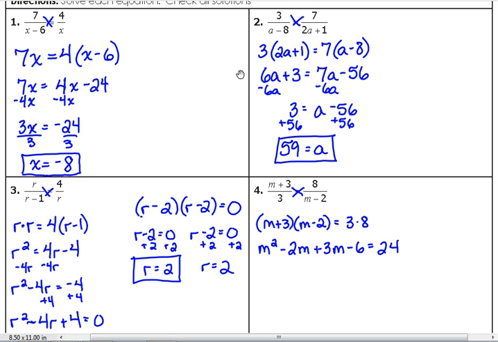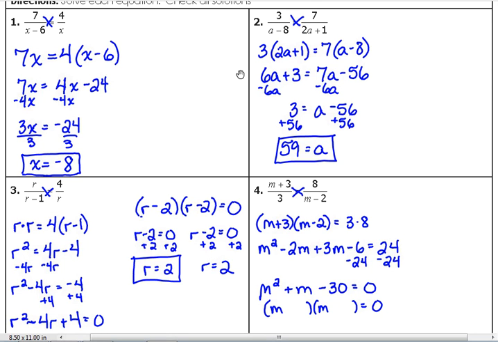So we need to combine the m's, and it's a quadratic, so we need to move the 24. So we've got m squared. Negative 2m plus 3m is positive m. Negative 6 minus 24 is negative 30. Is equal to 0. So we got to factor. M times m is m squared.